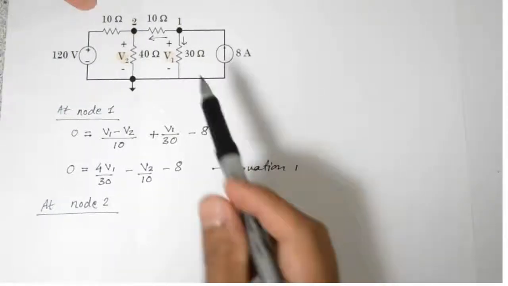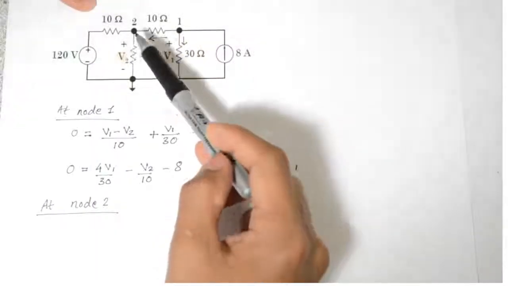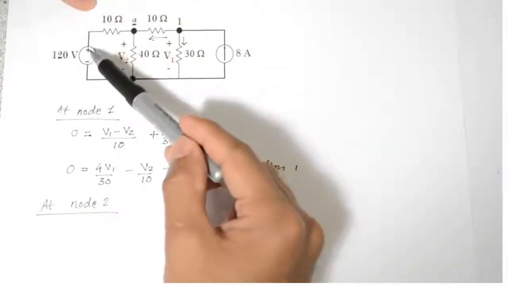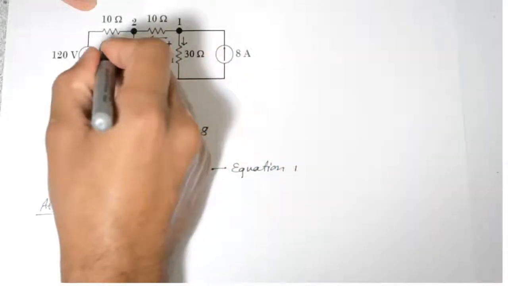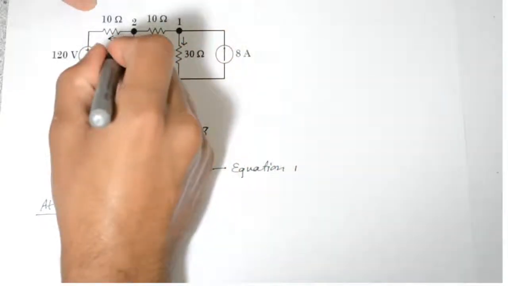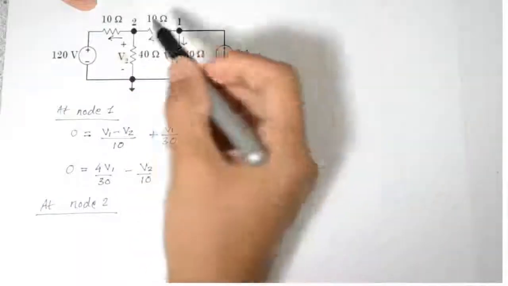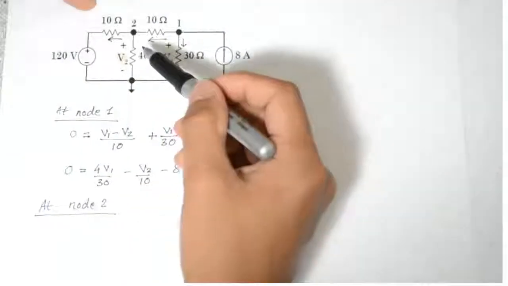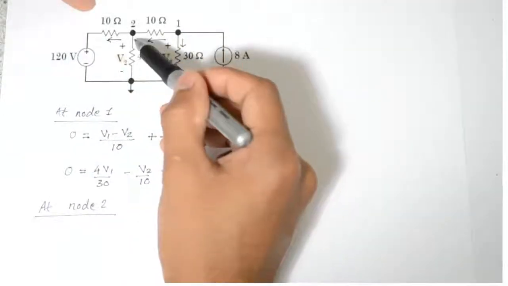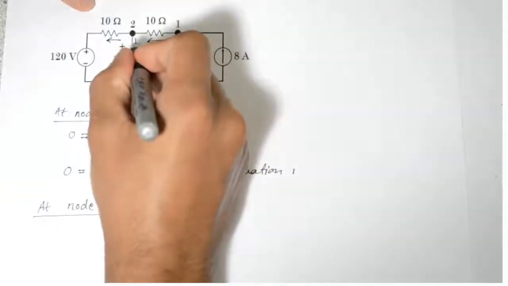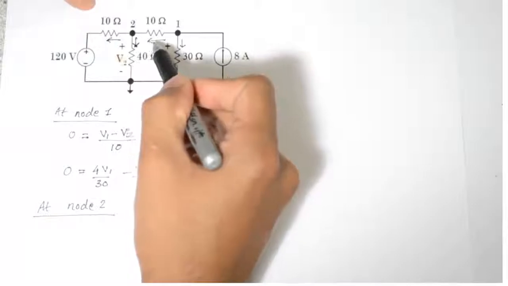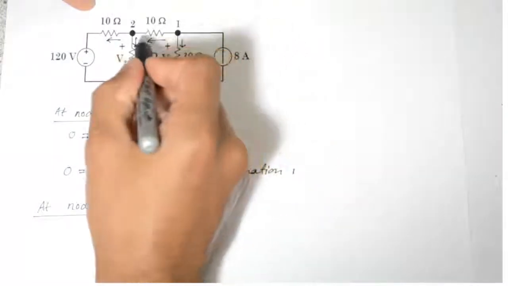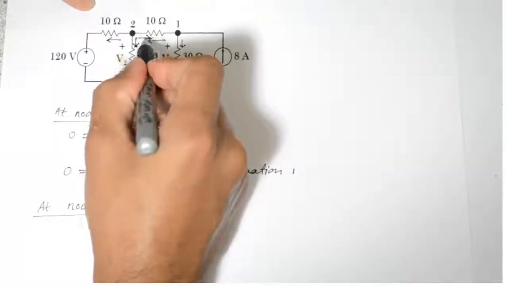At node 2, what's going on is that we have, even here we have 3 currents. One to the left, we assume it's going left, since there's no direction given. And another current coming downwards from node 2 to ground. And just ignore this arrow which we drew earlier for node 1, and let's say there's another current going to the right.